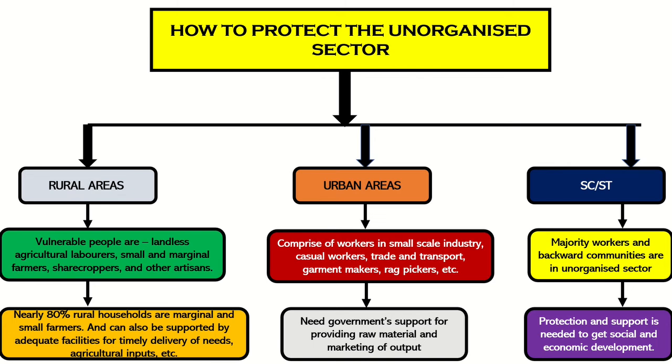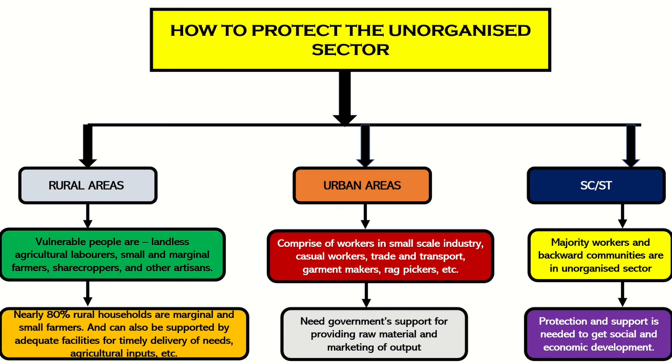Here on the screen you can see how we can protect the workers in the unorganized sector. Here I have divided this topic into three parts. One, the rural areas, second, urban areas, and minority groups. Now, one by one, I am taking up these topics. There is a need for protection and support of the workers in the unorganized sector. So, how is it done in the rural areas?